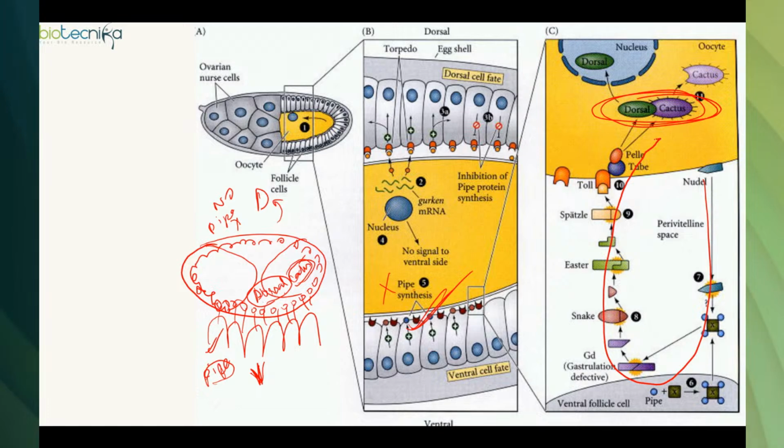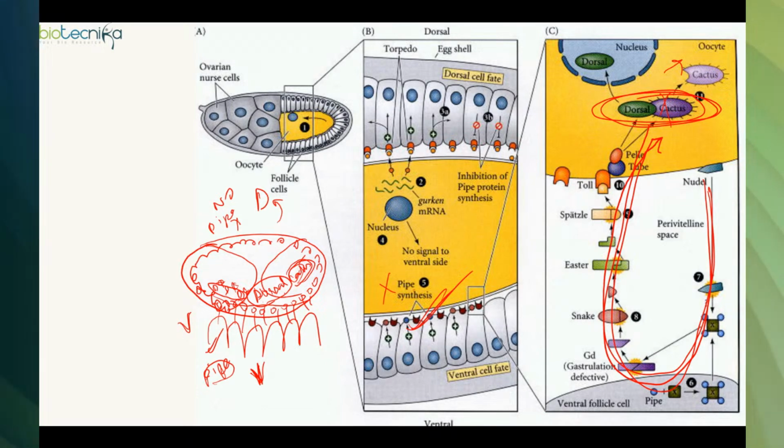If pipe protein is there, because of this entire signaling, ultimately the cactus will be degraded in the ventral side. Okay, so the cactus will be degraded in the ventral side and the dorsal will be free to enter the nucleus in the ventral side.